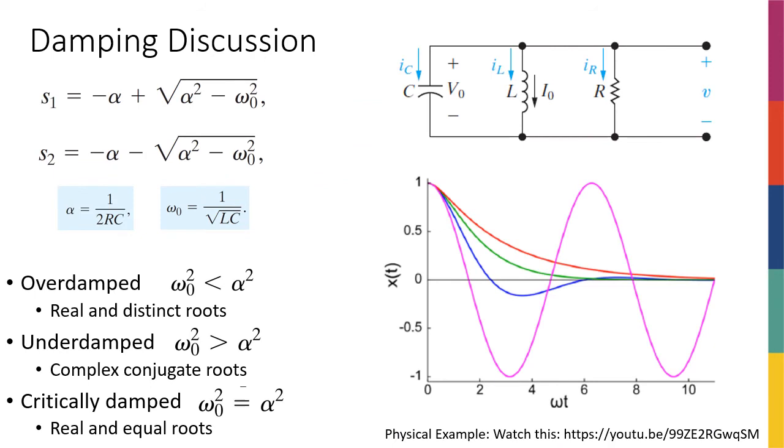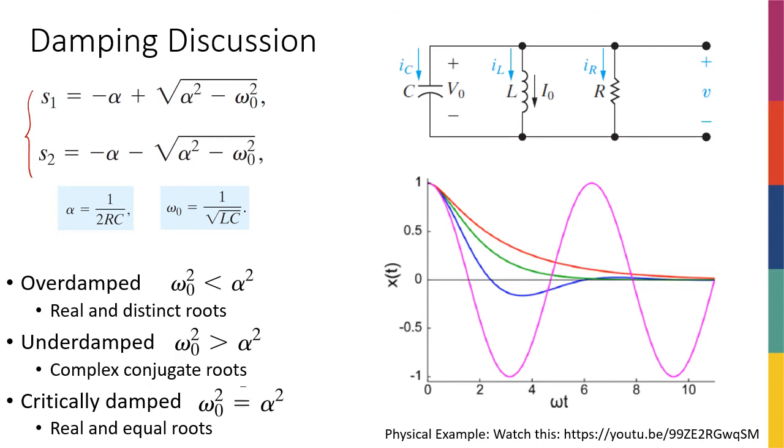Okay, so now that I've defined S1 and S2 this way, and I've introduced alpha and omega naught, I can make an observation about these two roots. That observation is that we could have three different situations for these roots, depending on the values of alpha and omega naught. What are those situations?